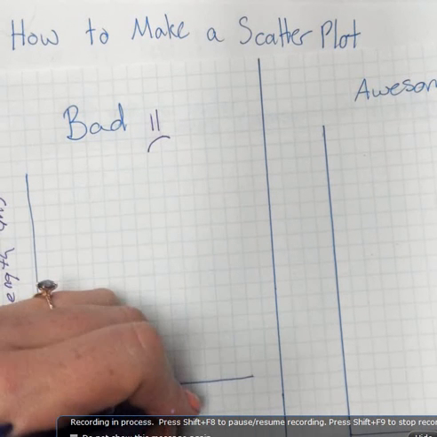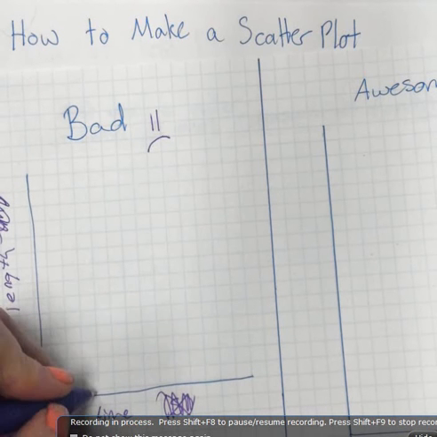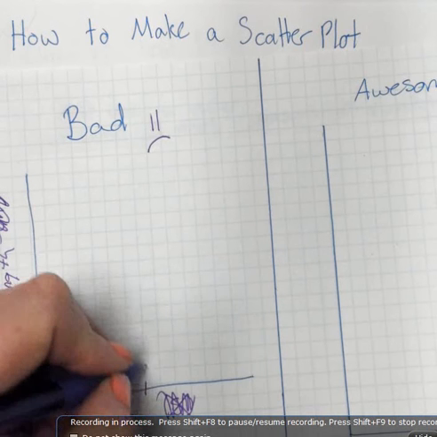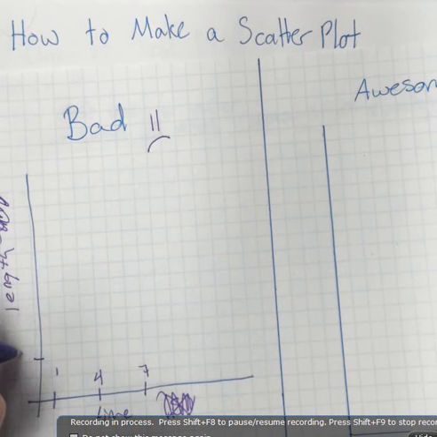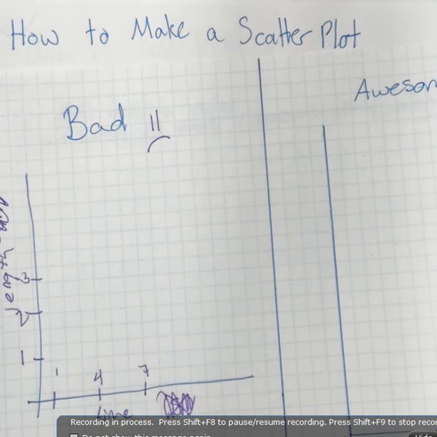So let's say you left those off, and you were just like 1, 4, 7, and then this is 1, 2, 3. That's still bad because I don't know what your units of measure are.